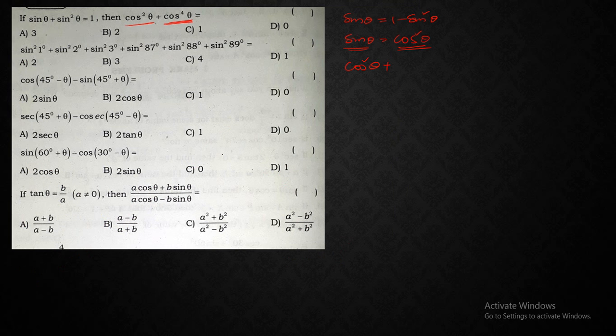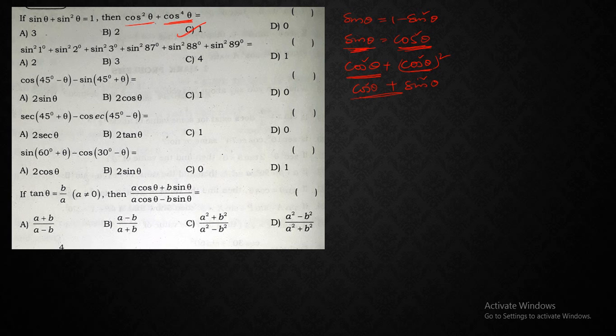Here cos power 4 theta is there, which I can write as cos square theta whole square. Here also we should not disturb one cos square theta, just disturb the other cos square theta. So instead of it I can write sin theta, so this becomes sin square theta. So cos square theta plus sin square theta is equal to 1. Understood? Next, sin square 1 plus sin square 2 plus so on, sin square 89.